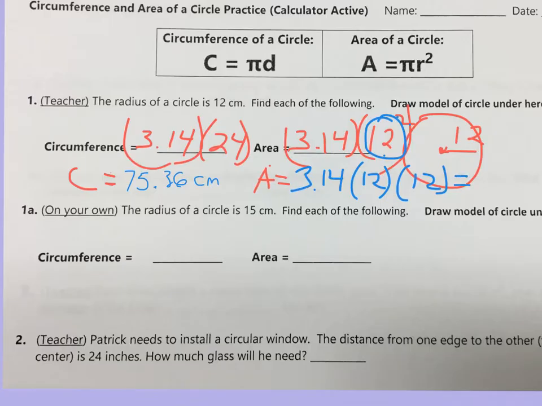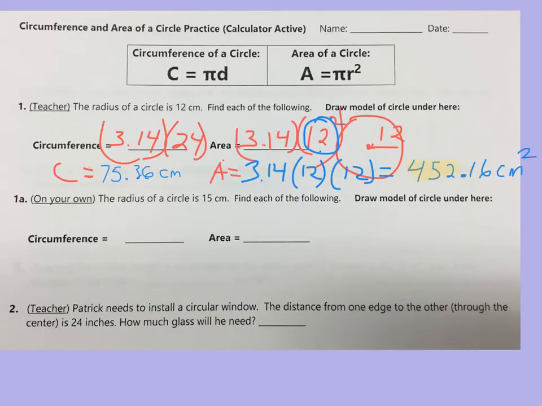Now I'm going to calculate that. 3.14 times 12 times 12, and that is the area of the circle, which is 452.16 centimeters squared. So we found the circumference and we found the area.